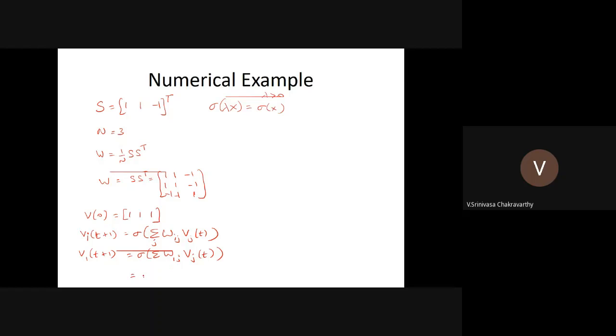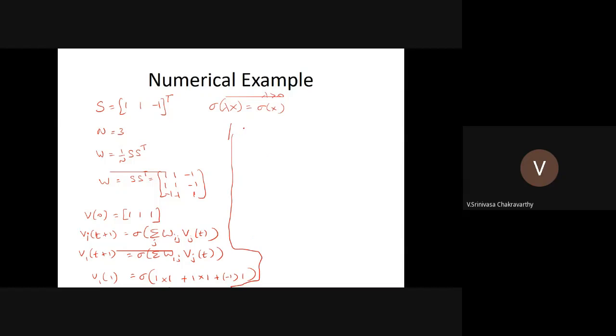So that will be equal to sigma of, you need to take the first row: 1 times 1 plus 1 times 1 plus minus 1, the third one, times 1. So that gives you sigma of 1, which is equal to 1. So V1 of 0 is initially 1, and after the update at time t equal to 1, V1 of 1 is also 1. So V1 is straightforward.